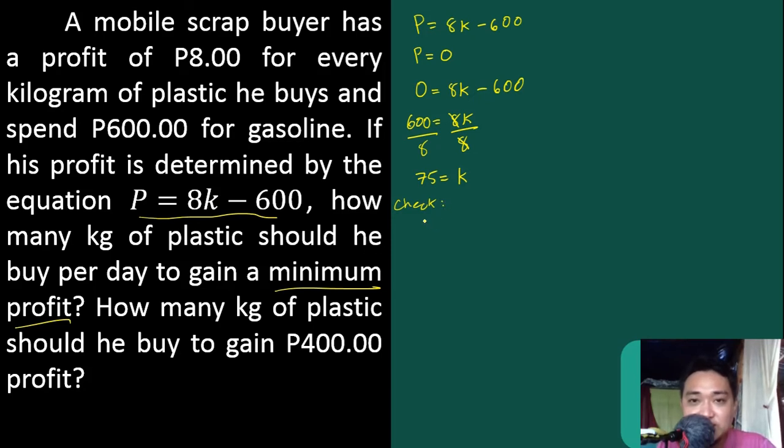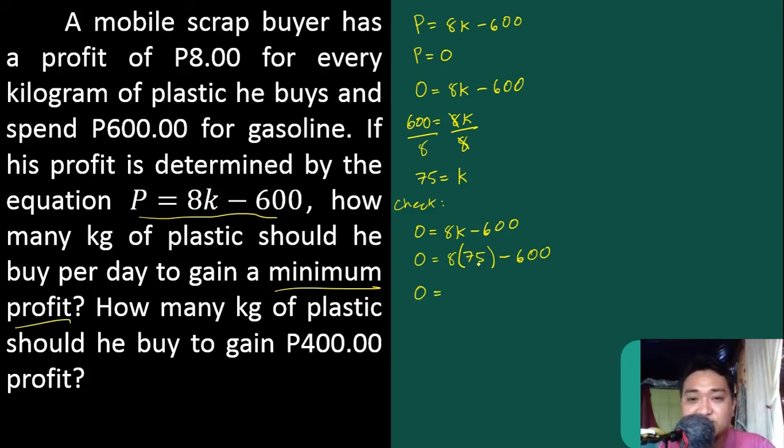So that is 0 is equivalent to 8k minus 600. And 0 is equivalent to 8 times, kunyari, pag uwi niya, ang daladala lang niyang scrap or yung scrap na naibenta lang niya sa junk shop is 75 kilos minus 600 pinanggasolina pa niya.